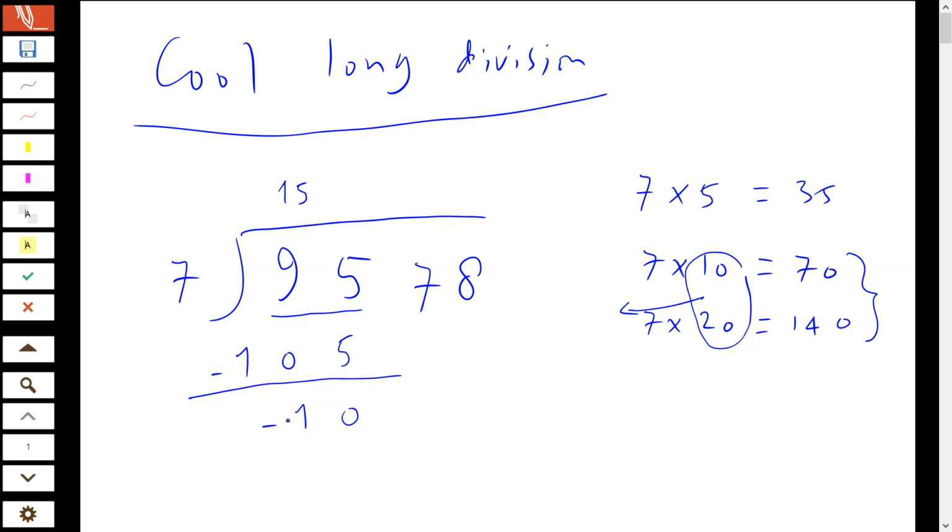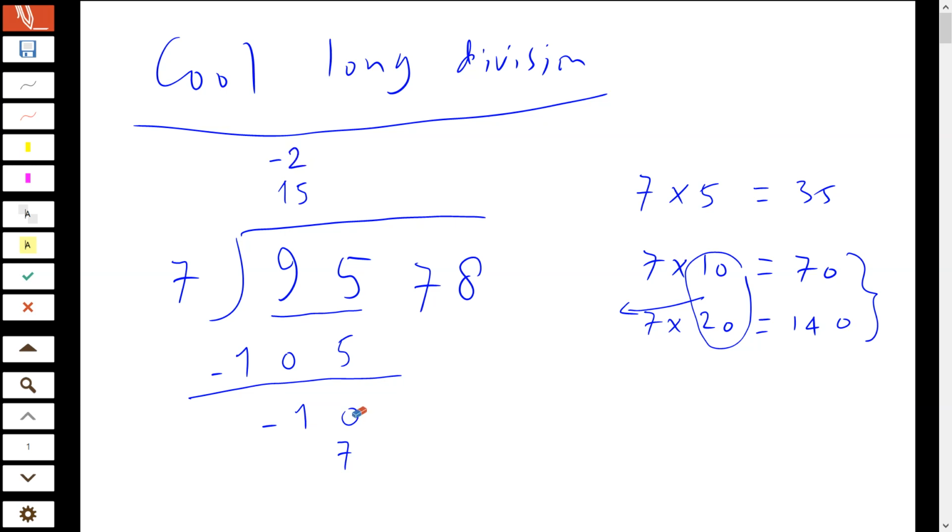So I have to deal with this problem before I move on to the next digit. I need to compensate. Of course, 7 times 1 is 7. But because this is -10, I would like to go with 7 times -1. That will be -7. And even that is not enough. So I should go with 7 times -2.